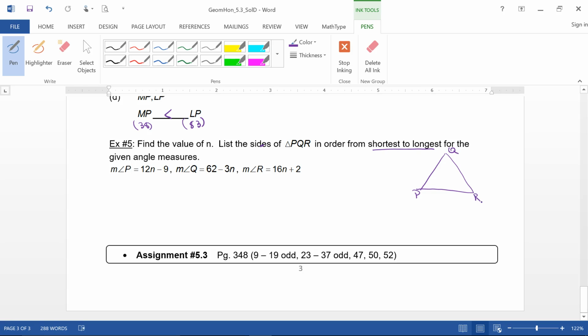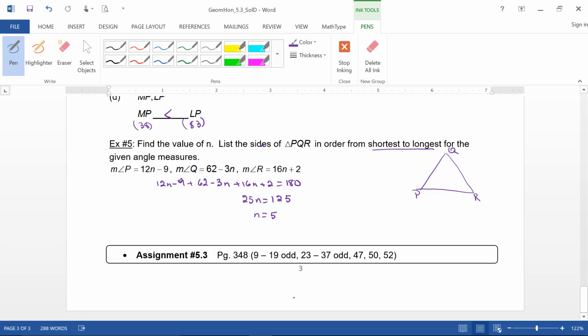Measure of angle P is 12N minus 9, and Q and R. So what are we going to do with all of these? Add them up, set them equal to 180. So 12N minus 9 plus 62 minus 3N plus 16N plus 2 all equals 180. 25N is 125. N is equal to 5.